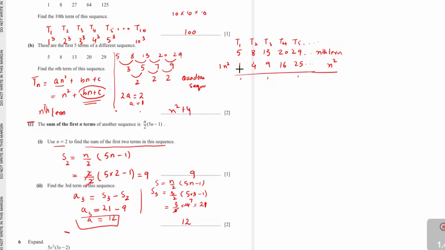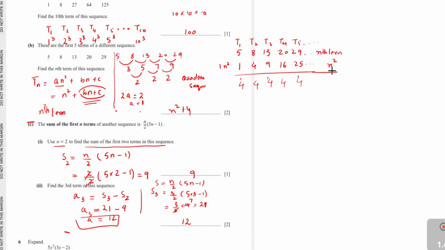Look here, these are n square values. And we will take the difference between sequence values and n square values. When we subtract the n square sequence value from the given sequence, we get 5 minus 1 is 4, 8 minus 4 is 4, 13 minus 9 is 4, 20 minus 16 is 4, and 29 minus 25 is 4.